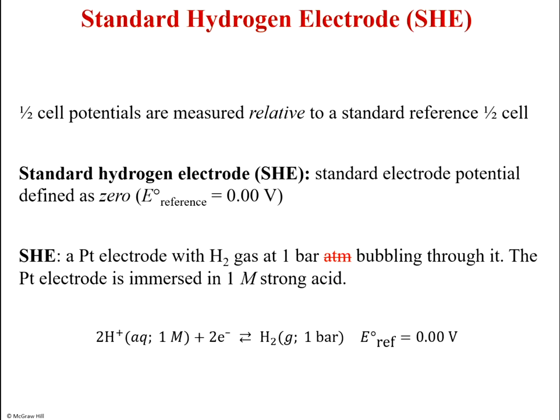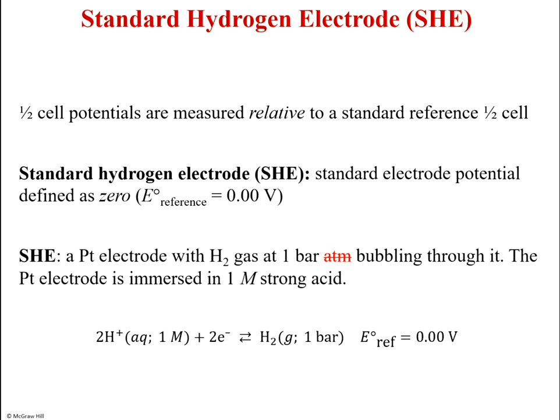What is the standard hydrogen electrode? Well, of course, that's everything at its normal standard state. We have 2 species, the protons and hydrogen, which can't act as an electrode itself, so we need a piece of platinum metal as the electrode. It's an inactive electrode. It's in contact with hydrogen gas, and the pressure of that hydrogen gas is 1 bar.